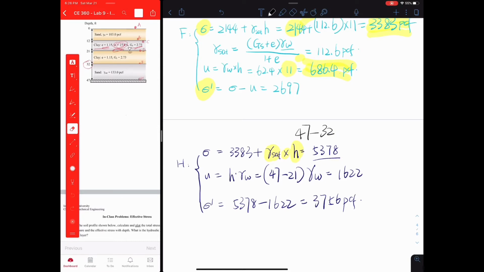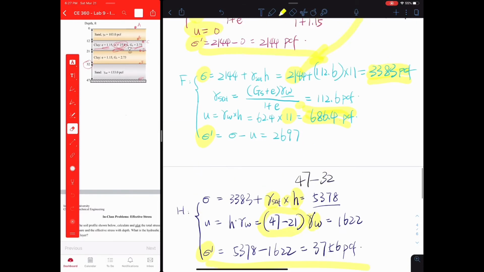Then for the pore water pressure, because it is saturated and under the water table, we just use gamma w multiplied by the total H, which should be 47 minus 21, because 21 is the depth of the water table. And then the effective stress is very easy.